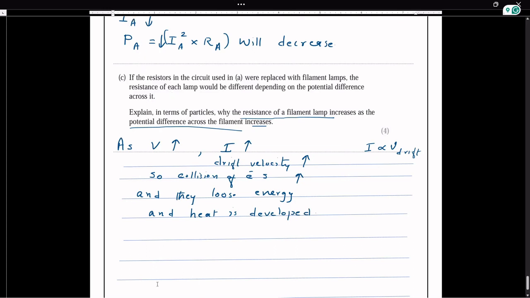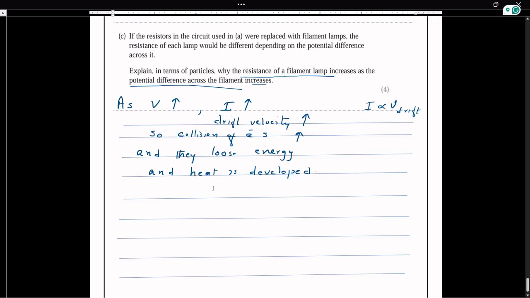So heat is developed means the temperature increases. So when the temperature increases, the lattice atoms' vibrations will increase.